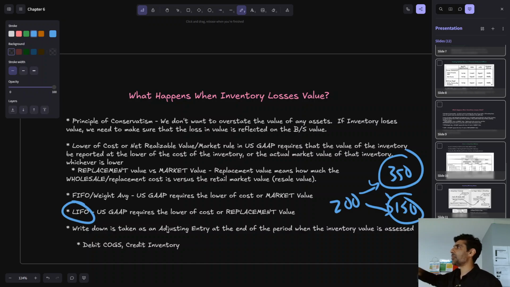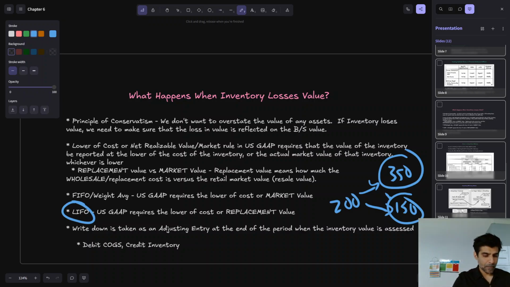That value is being dissipated over time. With LIFO, you can have an old 10-year-old inventory value still lingering around on your balance sheet. That's why the standards are different between the methods.